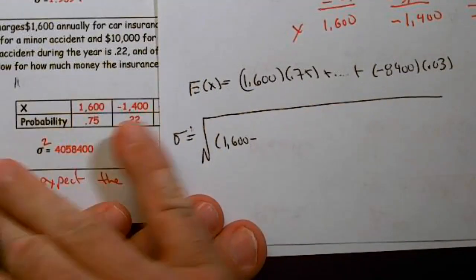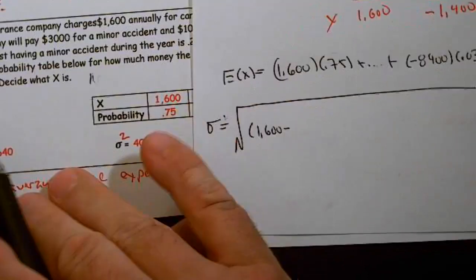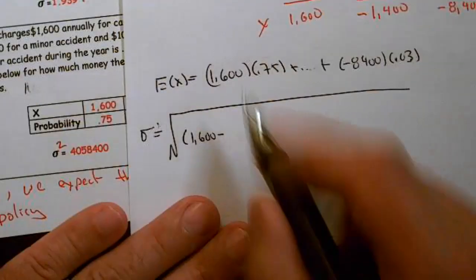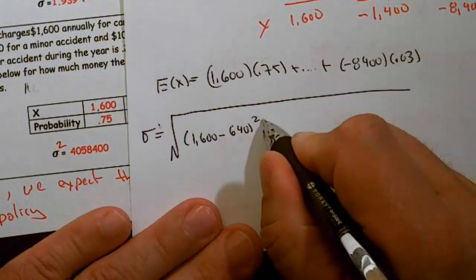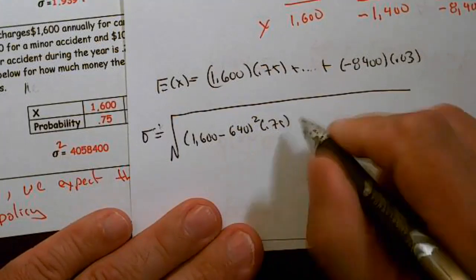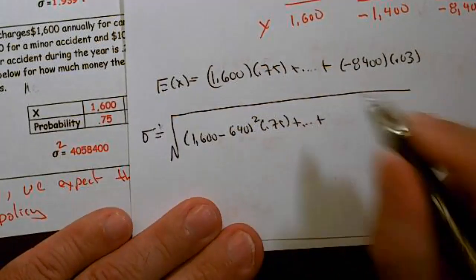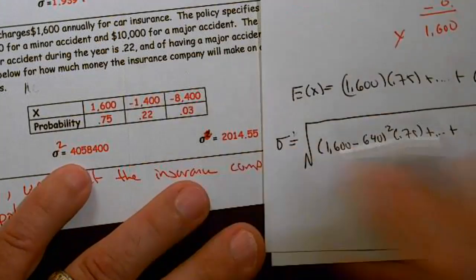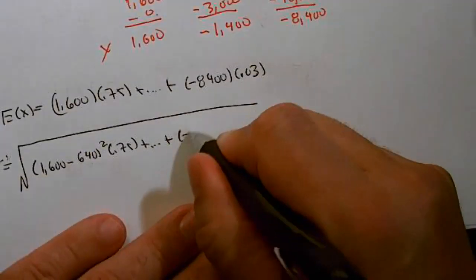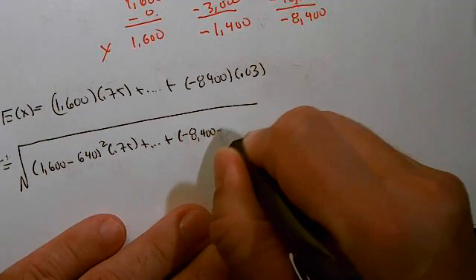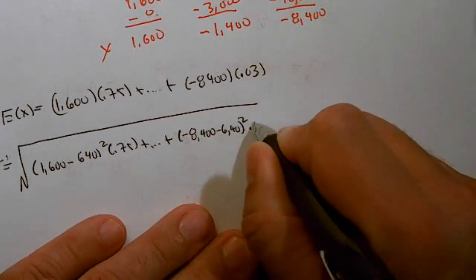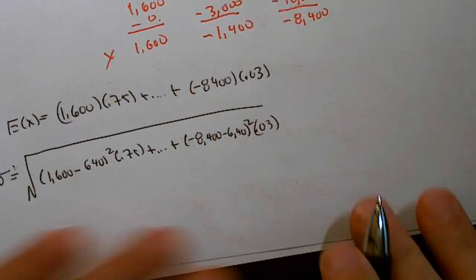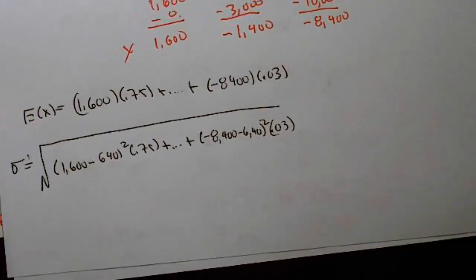We expected to make $640, squared, times its associated probability, 75%, plus. Worst case is we lose 8,400, so negative 8,400 minus the 640. That happens, and we square that, and that happens 0.03 times. So that would give us our means and expected values and standard deviation.